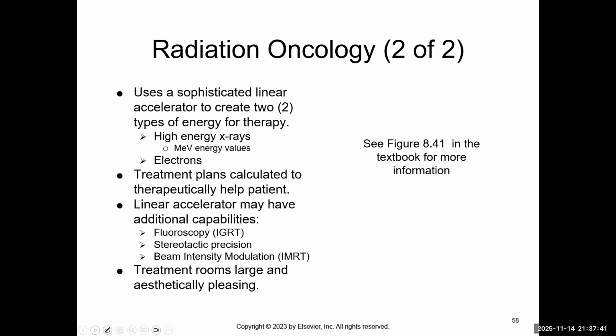They can deliver high energy X-ray beams, or they can deliver electron beams. So photons versus electrons. They can use high energy X-ray photons to treat tumors that are deep inside the body, or they can use electron beams to treat surface level tumors like skin cancers or anything near the skin surface.